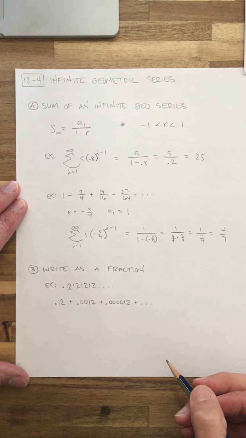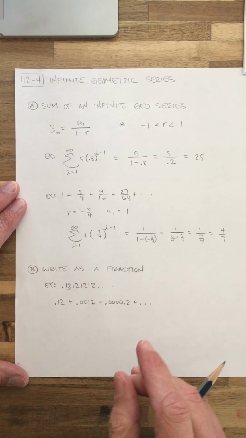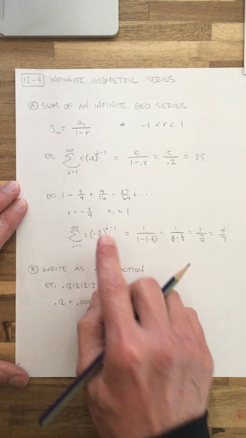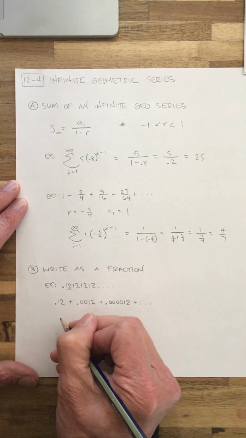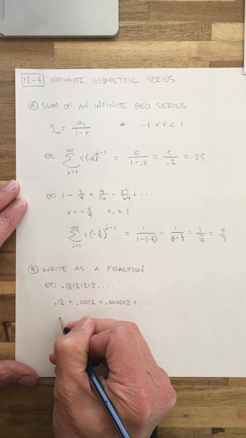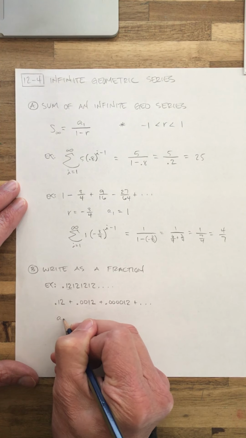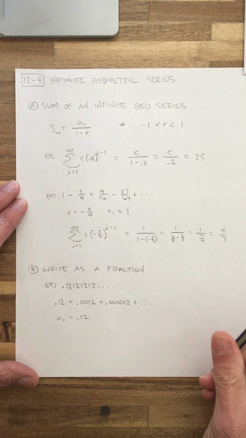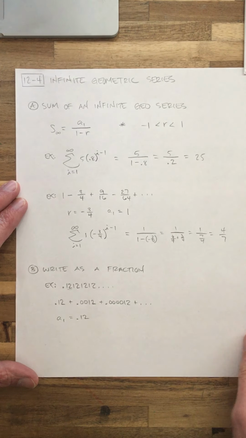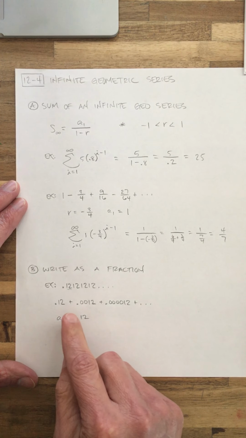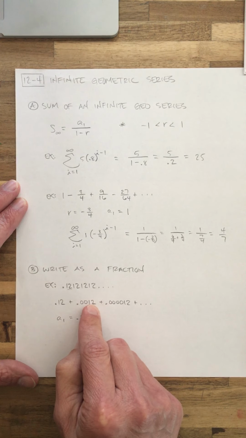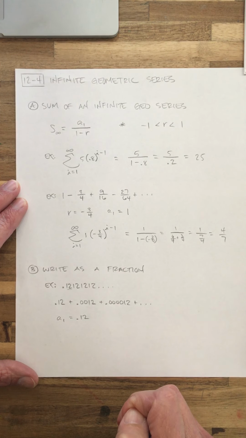Interesting, right? What's even better is now you can write it as a rule. Watch this. What is your a sub 1? Well, your a sub 1 is going to be 0.12. And if you ask yourself this times what gives you this, you should get 0.01.